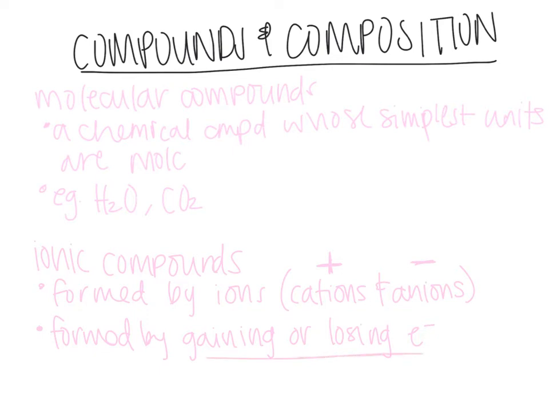And that's really important to remember. So if it's a positive ion, they lost electrons, meaning that they lost the negative particle, so they became more positive. And if they are a negative ion, that means they gained electrons because they gained more negative particles.